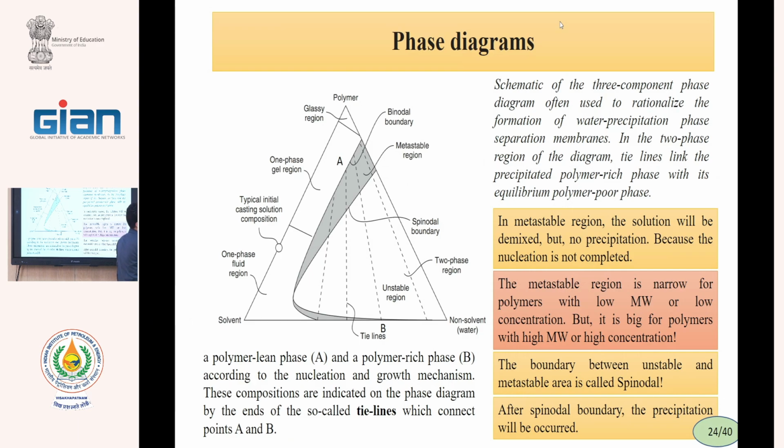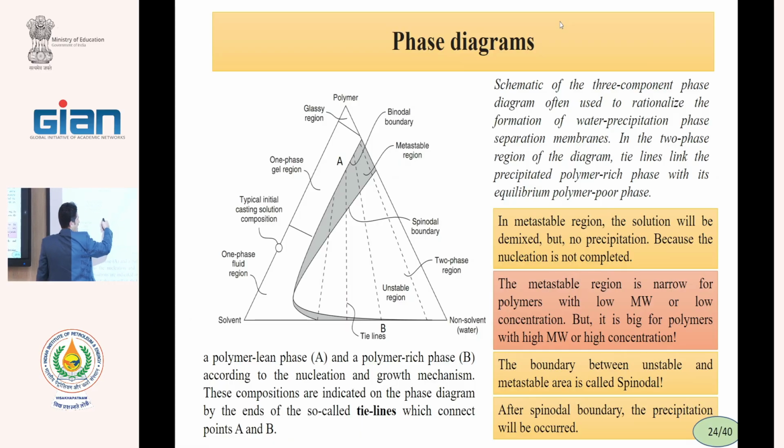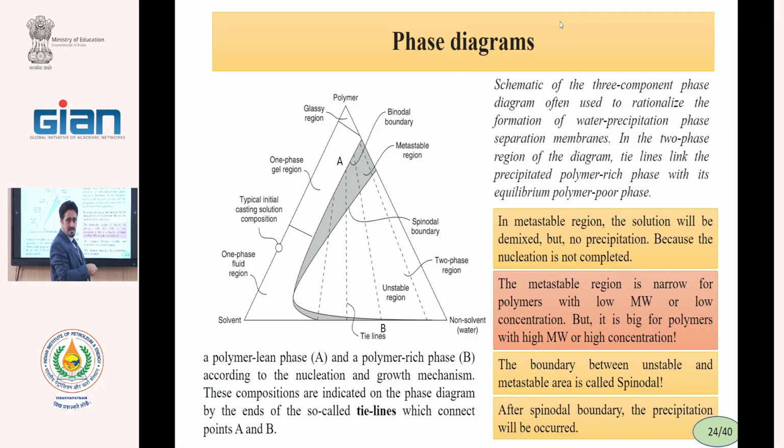We have a movement along this line, and when it reaches this place, the final membrane, we have no solvent, only polymer and non-solvent; all the porosity of the membrane will be filled with water, and all the solvent will be removed.